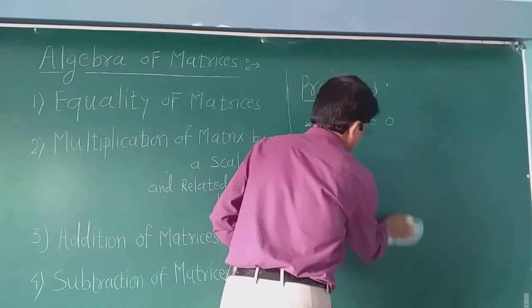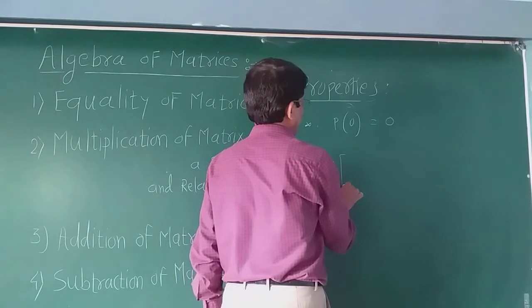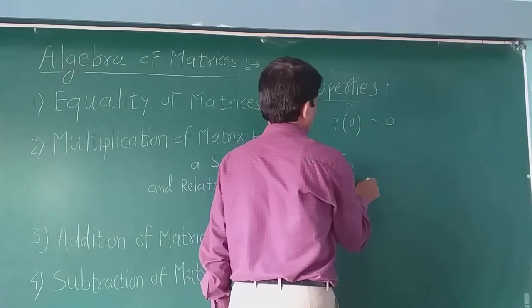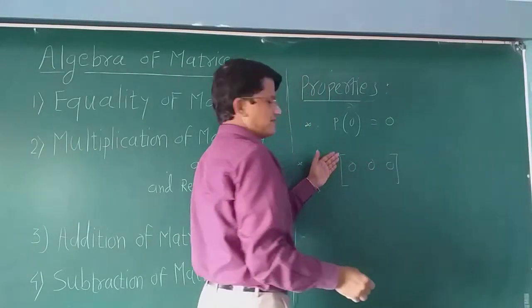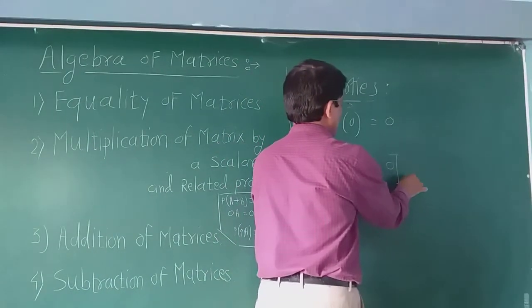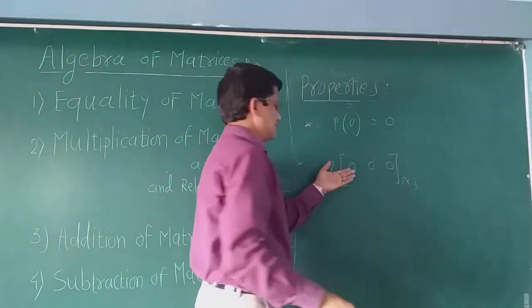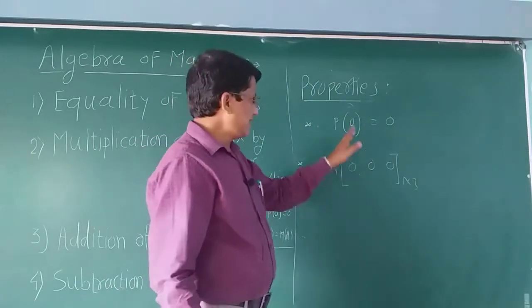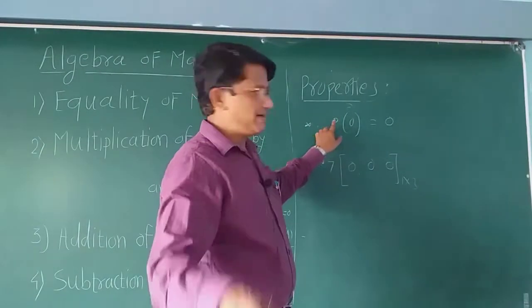Okay, consider one more example. If a matrix of a different order is given, suppose here 7 is given and the matrix is 0, 0, 0. What is the order of this matrix? First row, column 3, so 1 by 3. According to our rule, if a 0 matrix is multiplied by any number, the answer is 0.